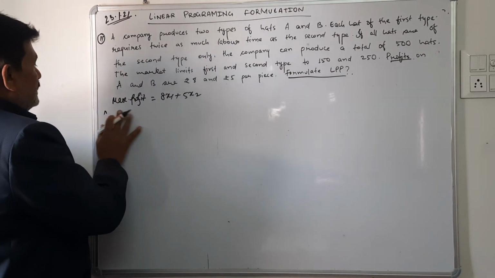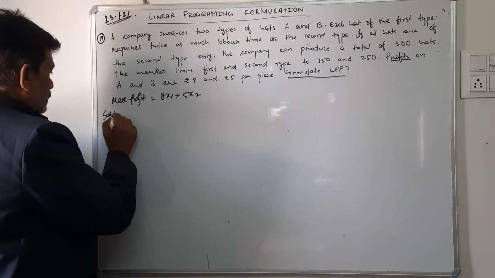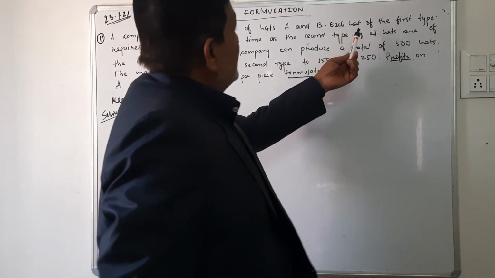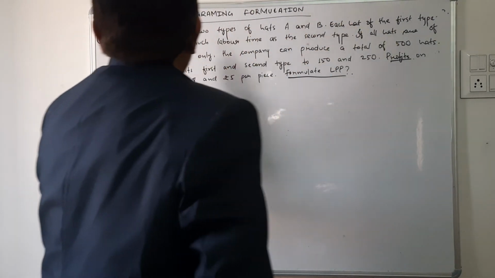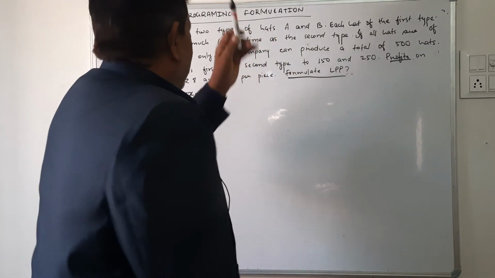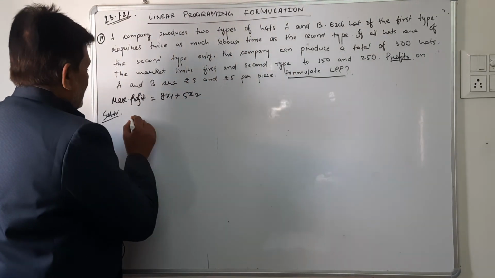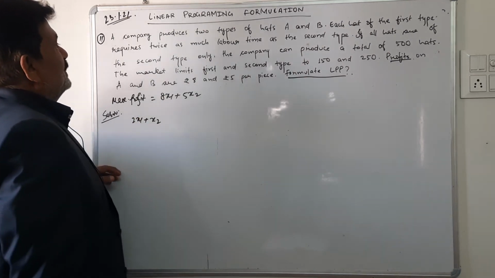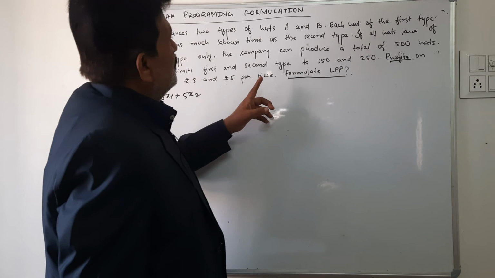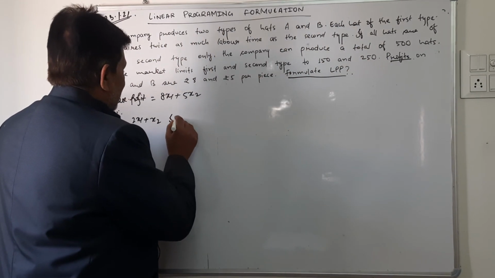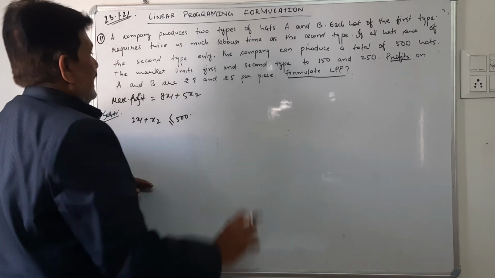Now subject to: each hat of the first type requires twice as much labor time as the second type. Yes, so 2x1 plus x2, and what is the limit? It is 500 hats. So it is less than or equal to 500.